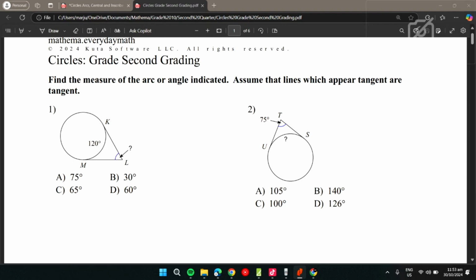Right? Outside the circle. So, how do we answer this question? We are asked to find the measurement of angle L. So, what concept do we need to understand when we do this? What theorem will help us solve this problem?